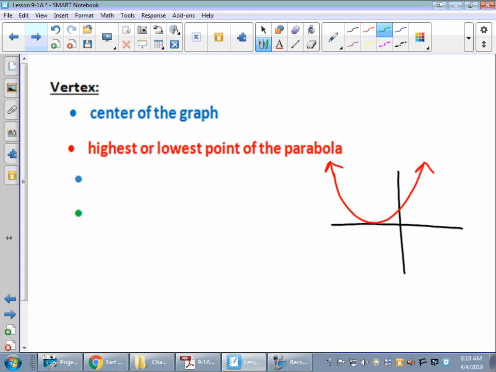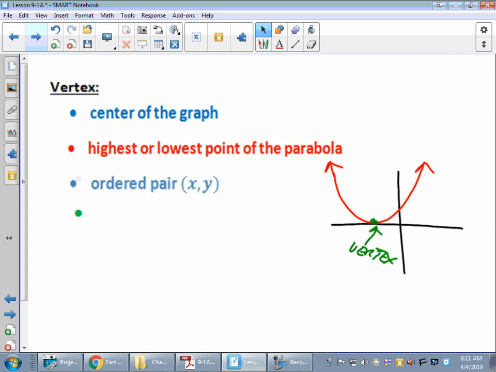Your vertex point would be down there. It's the highest or lowest, depending on if the parabola opens up or down. The parabola we drew opened downwards, so the vertex is at the top, right? This is actually an ordered pair, x, y. You could come up with an ordered pair here, x, y, at this point.